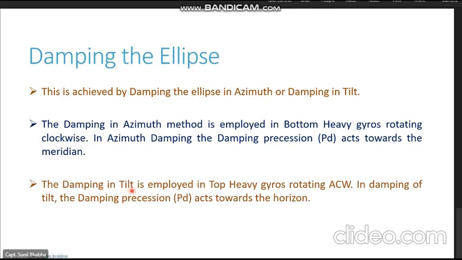Now the damping in tilt, which is the method used in top heavy gyros. Top heavy gyros are the ones which are rotating in the anti-clockwise direction when viewed from the south end. Now in this damping, the damping precession, this is the additional force which we have introduced when we dampen the ellipse.